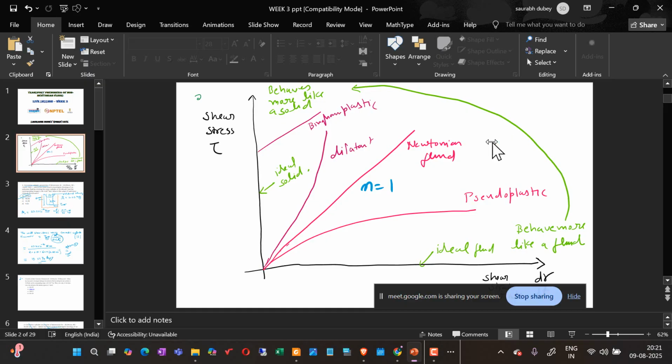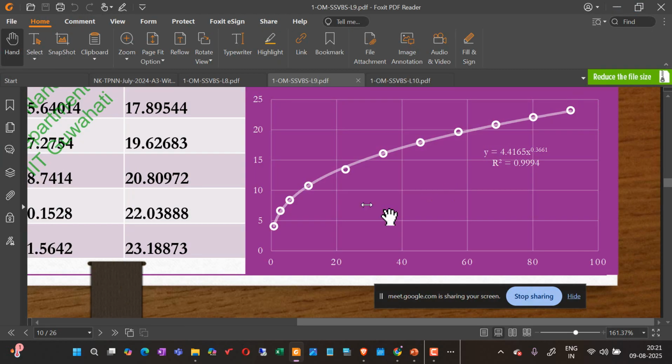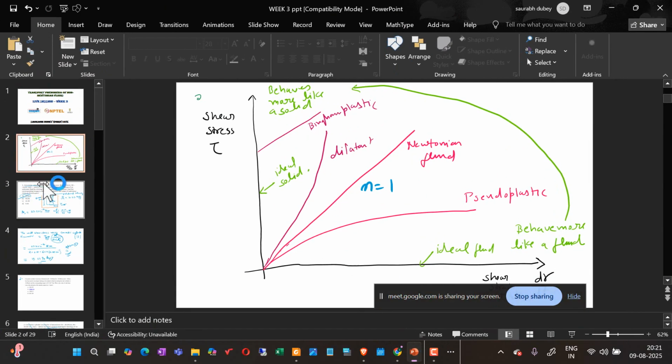This will give you a very exact interpretation. And if it is asked which model it is fitting, it is basically the Herschel-Bulkley model of non-Newtonian fluid, right? So let's see this one.